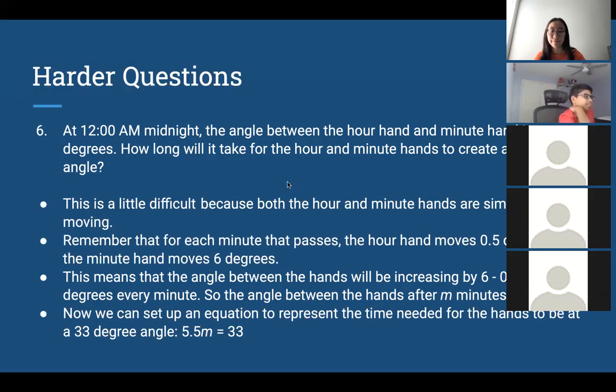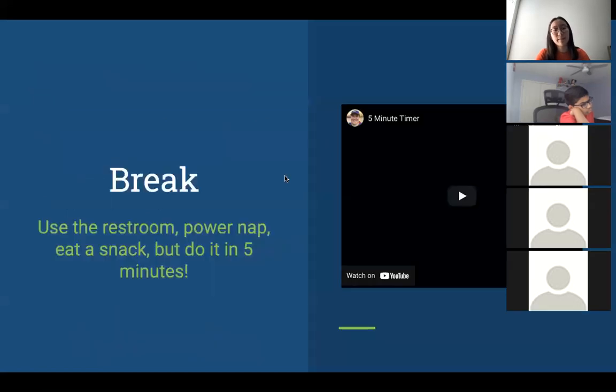So this is basically just solving for a variable. You divide both sides by 5.5, and 33 divided by 5.5 equals 6 minutes. So the answer to this question is going to be 6 minutes. And basically just remember, to do this you have to calculate the hour and the minute hand using the rules you've written down and find the difference between them.